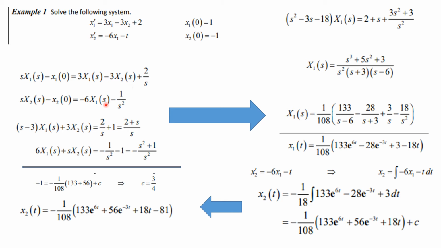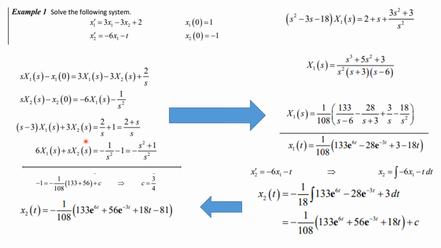And the Laplace transform of the second equation, and I get this. Now I'm going to reorganize this and plug in my initial conditions, so I have the capital X1s over the capital X1s and the capital X2s over the capital X2s.